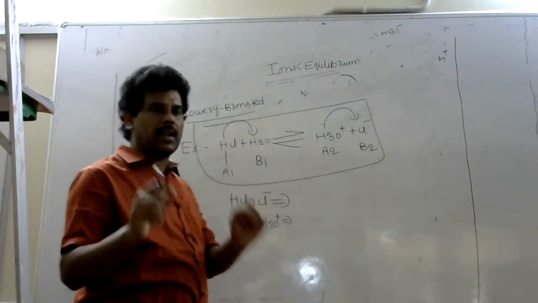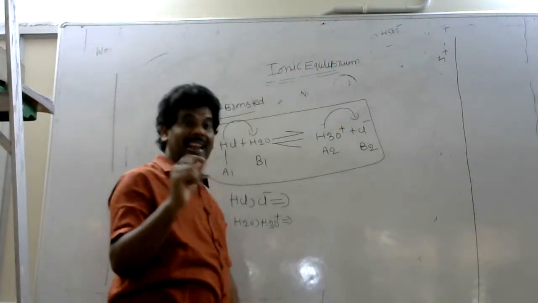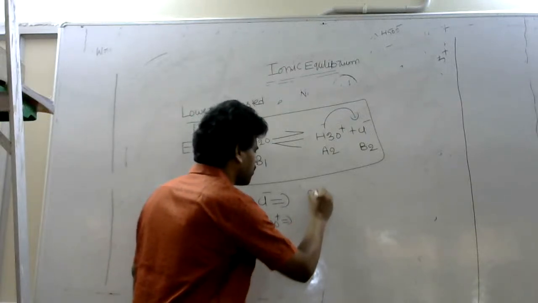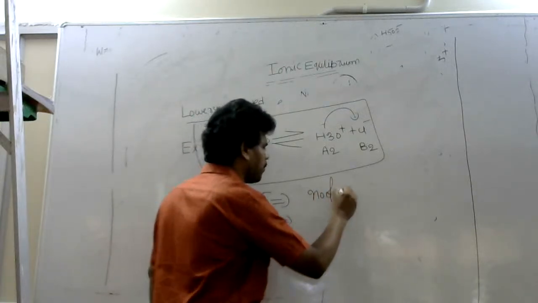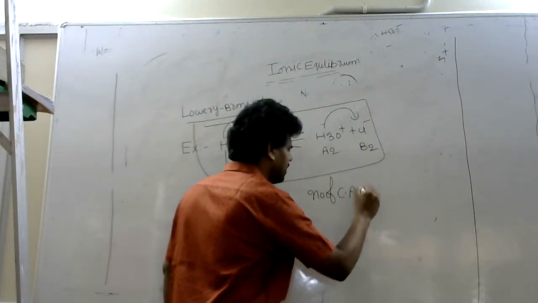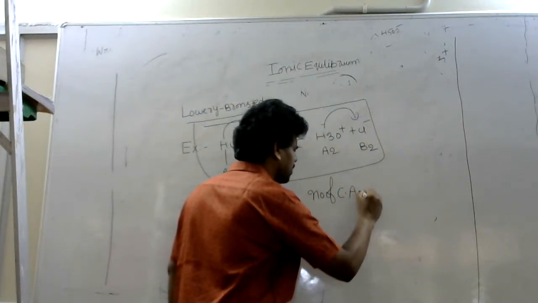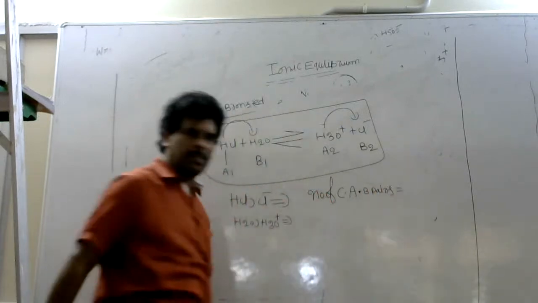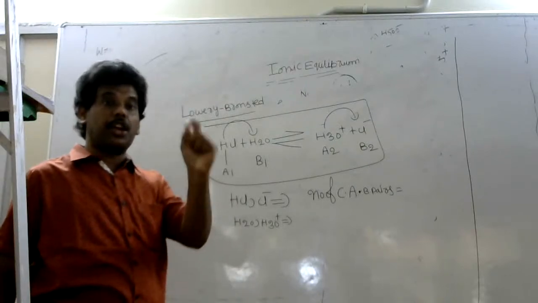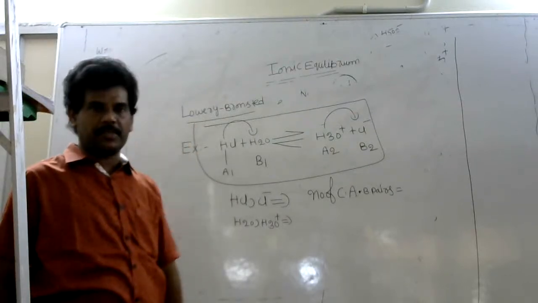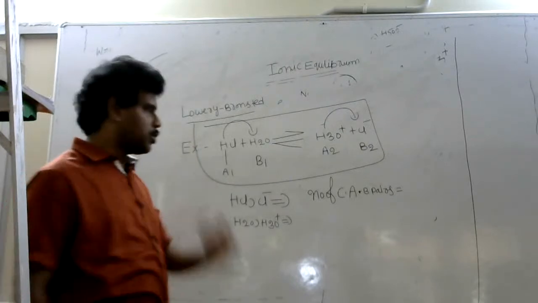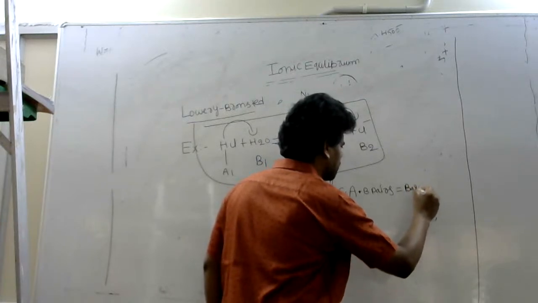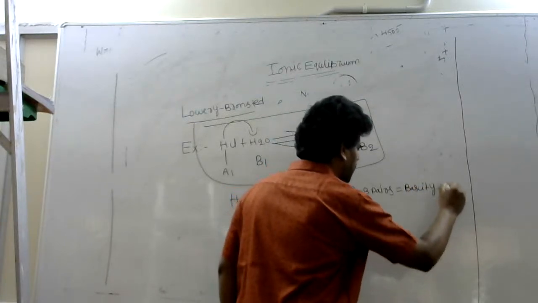In objective point of view, important note: the number of conjugate acid base pairs formation equal to basicity of acid plus 1.